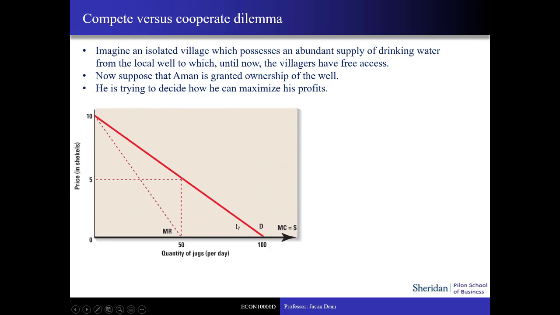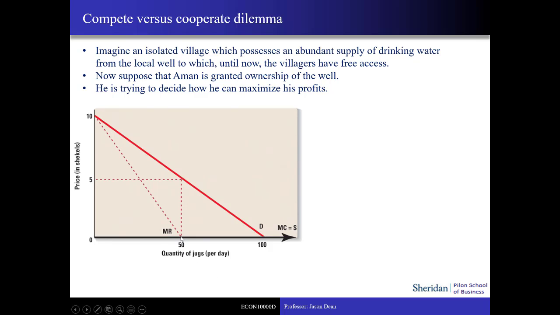And so in the village, this is the demand for water. That's just the demand curve. This is what everyone would want to buy at different prices. Here we're going to call our money shekels. Now, of course, we know that if we have a linear demand curve, the marginal revenue curve falls twice as fast.